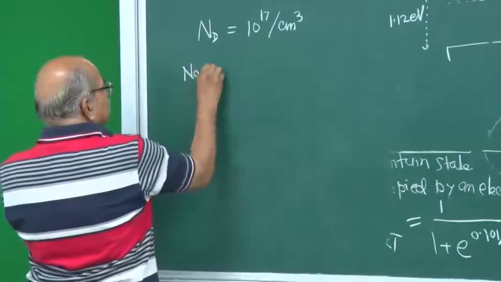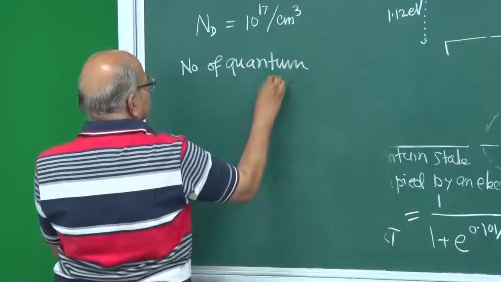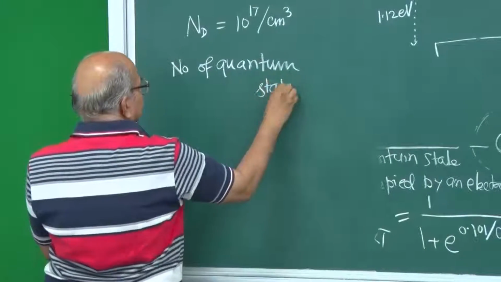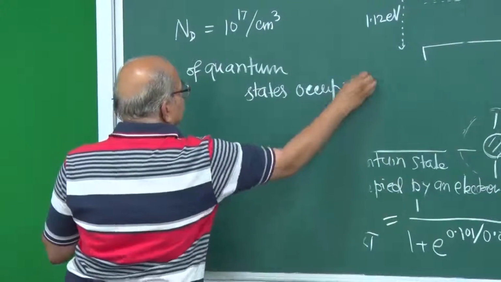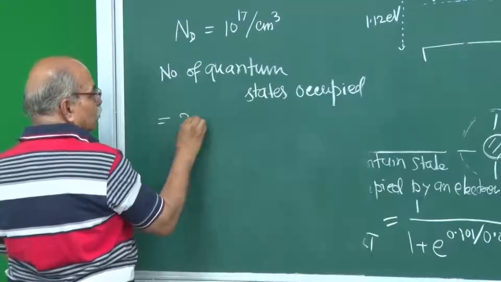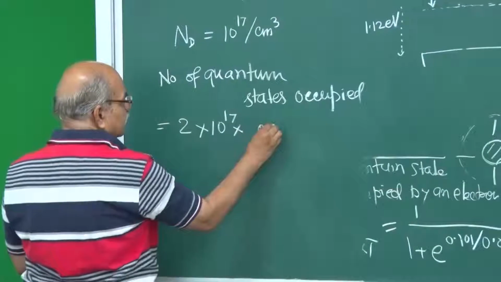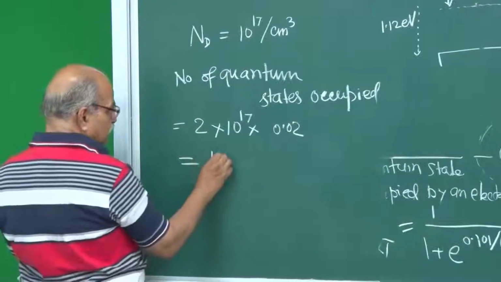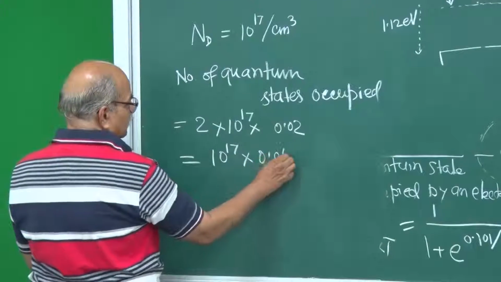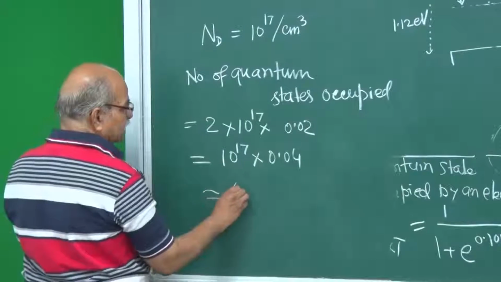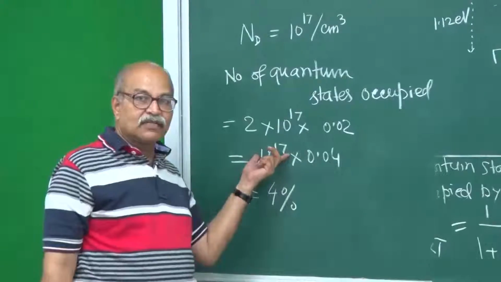So the number of quantum states occupied is 2 into 10 power 17 times 0.02, or you can express it as this multiplied by 0.04, and that means 4% of the total donor atoms.